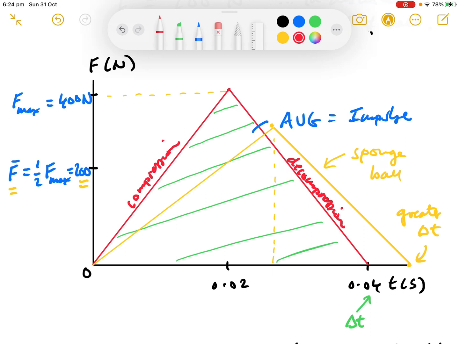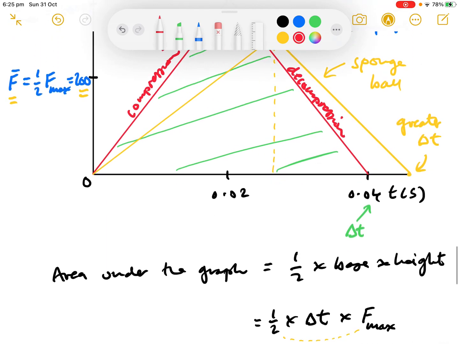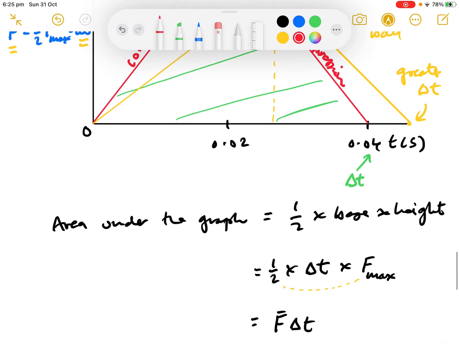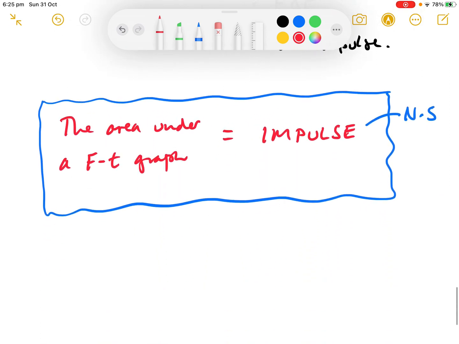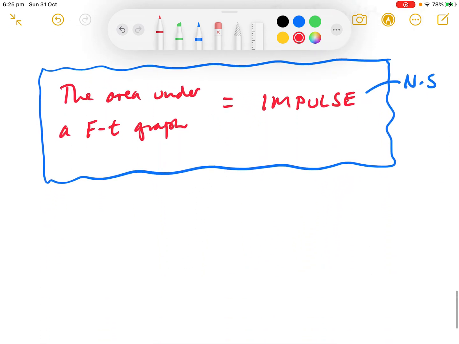So because the delta t is bigger, if we assume that the change in momentum for the sponge ball is the same as the change in momentum for the ordinary ball, and that's often the scenario, to keep the area under the graph the same, that's the impulse, we need a lower graph but a wider one, so it's lower and wider to give you the equivalent change of momentum, i.e. the equivalent impulse. And that brings us to the end of the impulse.